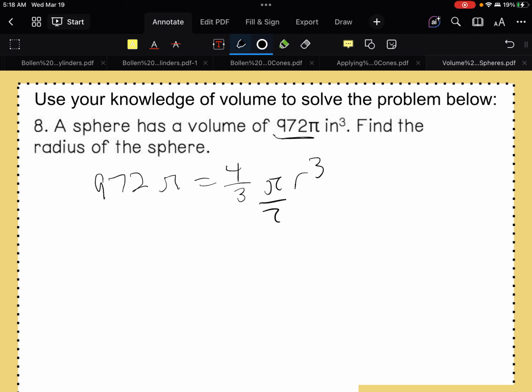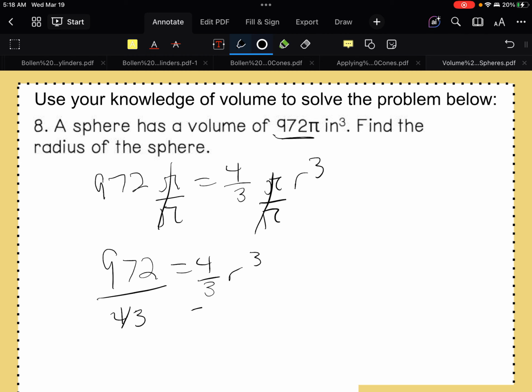We can divide by pi right off the bat to eliminate our pi's. Then we have 972 equals 4/3 r cubed. We divide by 4/3.